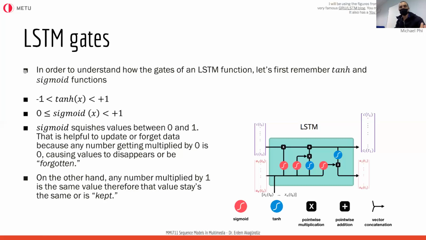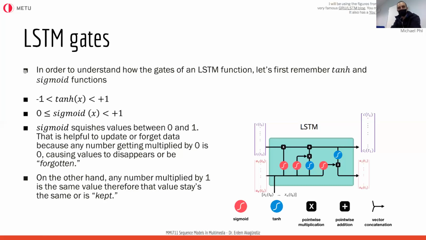What kind of a gating? For example, if the output of the sigmoid is 0, and you multiply it with the incoming cell states, they will all be 0. This could lead us to a mechanism like forgetting the previous information, which is something that we might want to do.